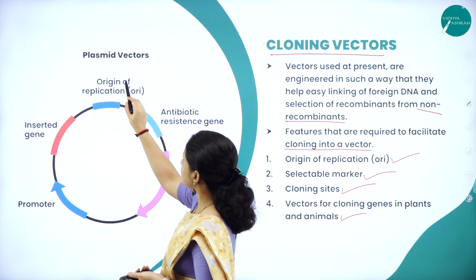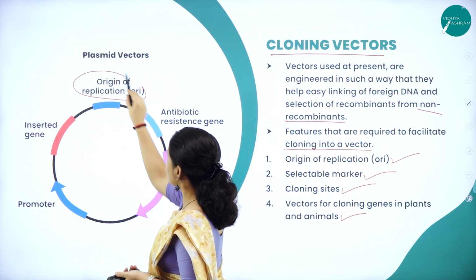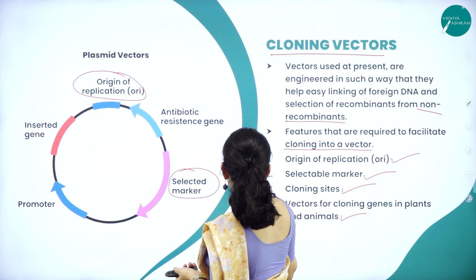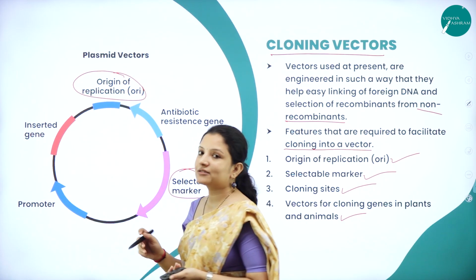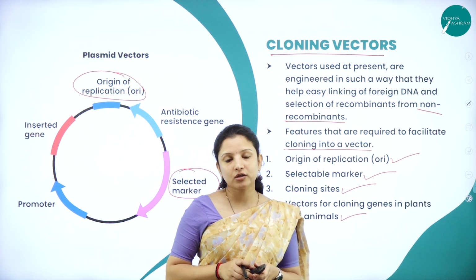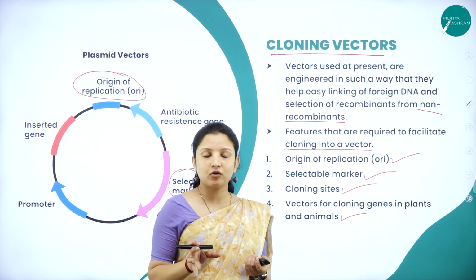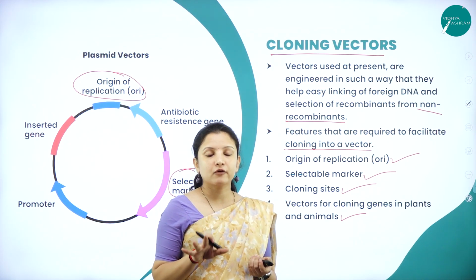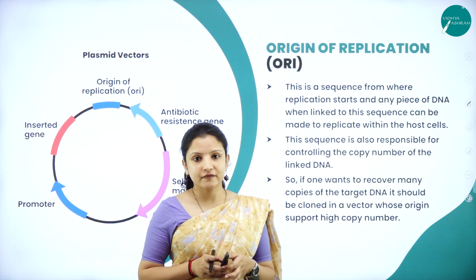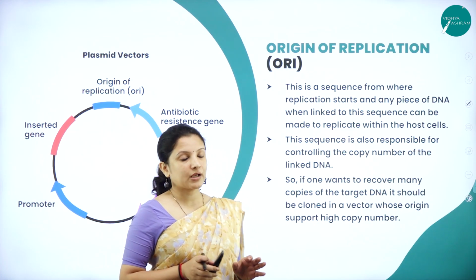That is why bacteria are among the best cloning vectors. Let us study each of these parts of the vectors one by one.